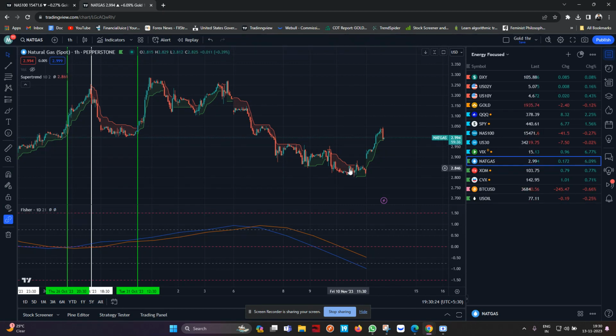We didn't actually have a trade ongoing on natural gas, but the price did open more than 3% above the close. So that's a big gap up open.